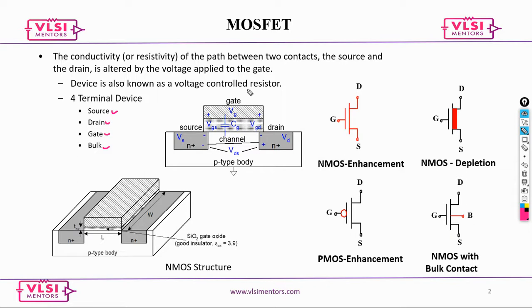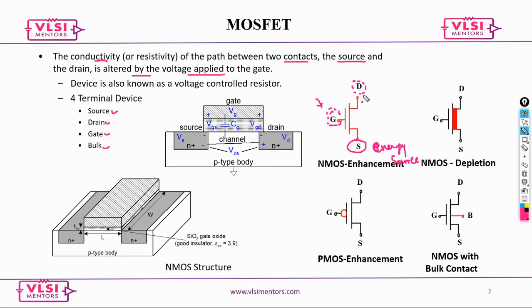Remember, the conductivity of the path between two contacts, the source and the drain, is altered by the voltage applied at the gate. Source is the energy source, where the energy is available. Now you turn on the gate, and the drain gets charged.